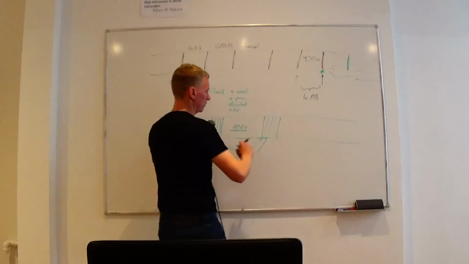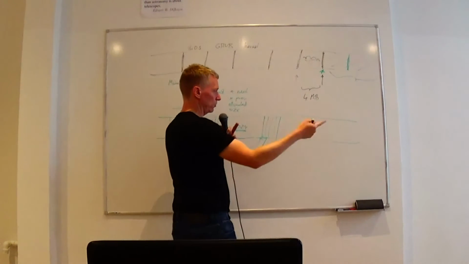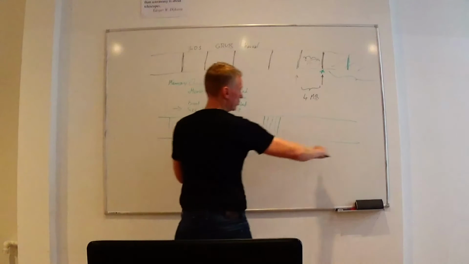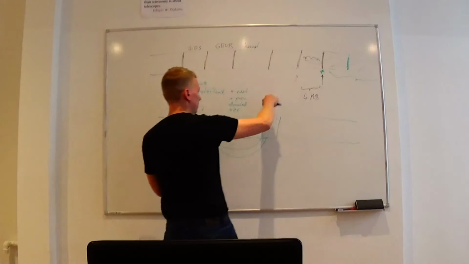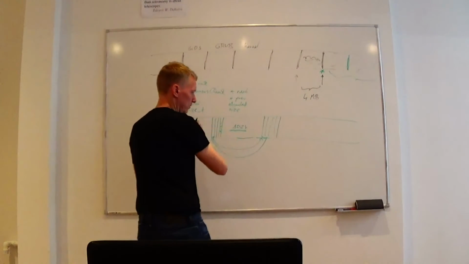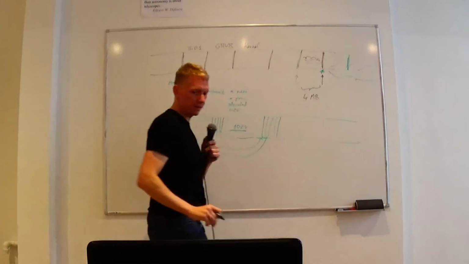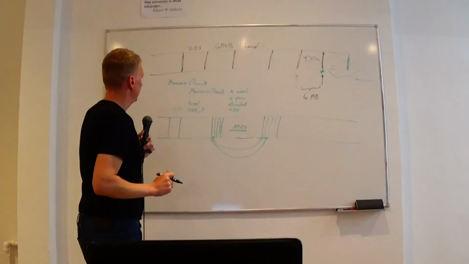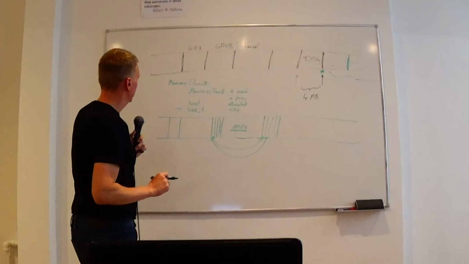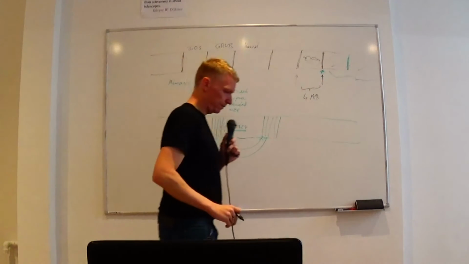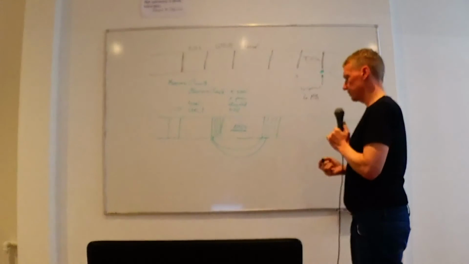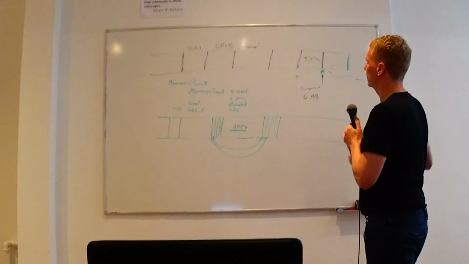So these pointers will never cross each other. You will not have a pointer to a chunk over here that has a pointer back here or something. This will always be in a linear order. This isn't hard, I think.